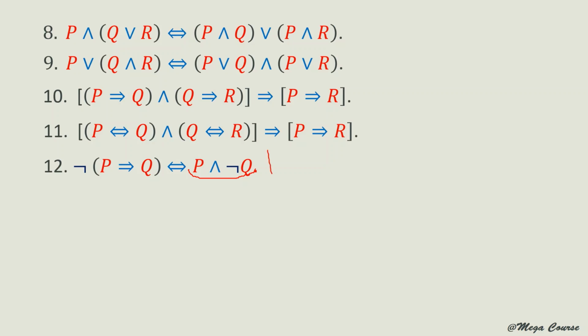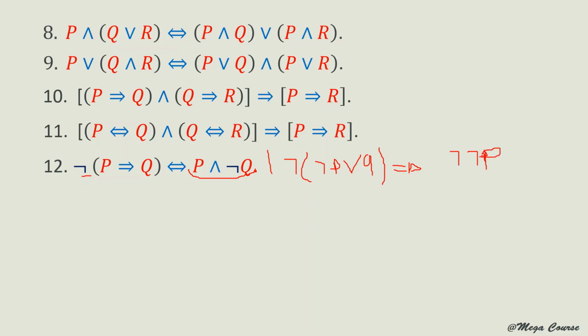P implies Q, as I mentioned in a previous lecture, is not P or Q. You should watch it, of course. This will lead us to have not (not P or Q).